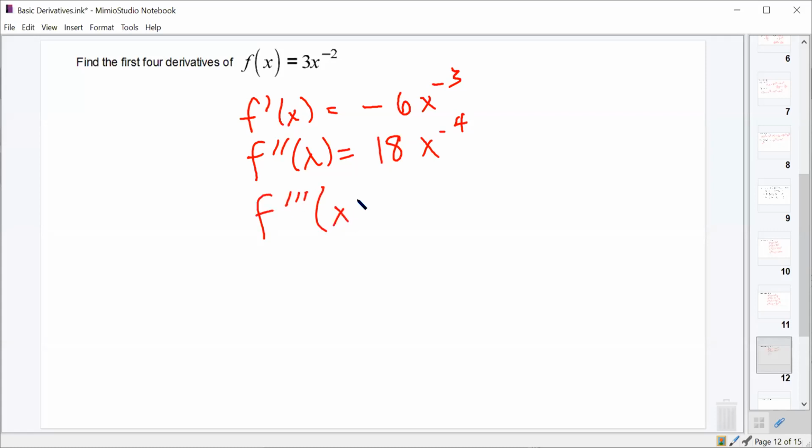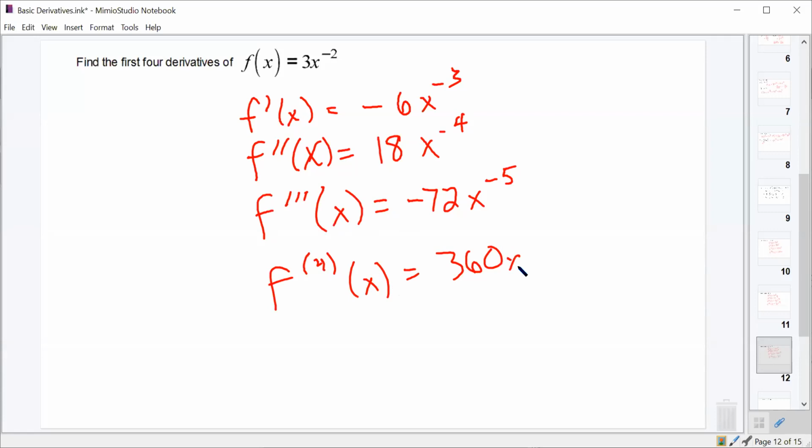And our third one should become what? Negative 72x to the negative 5. Good, and the last one should be what? 360x to the negative 6. Everybody good with that? Makes sense.